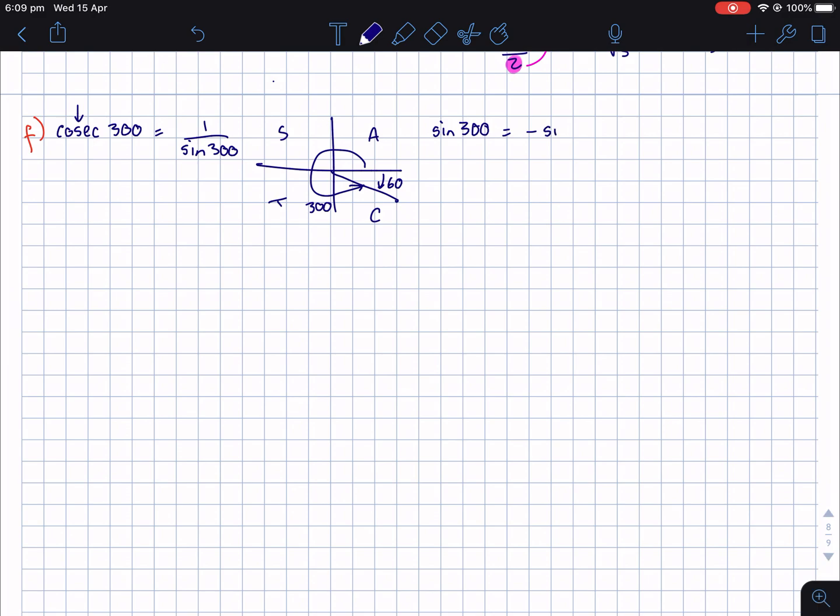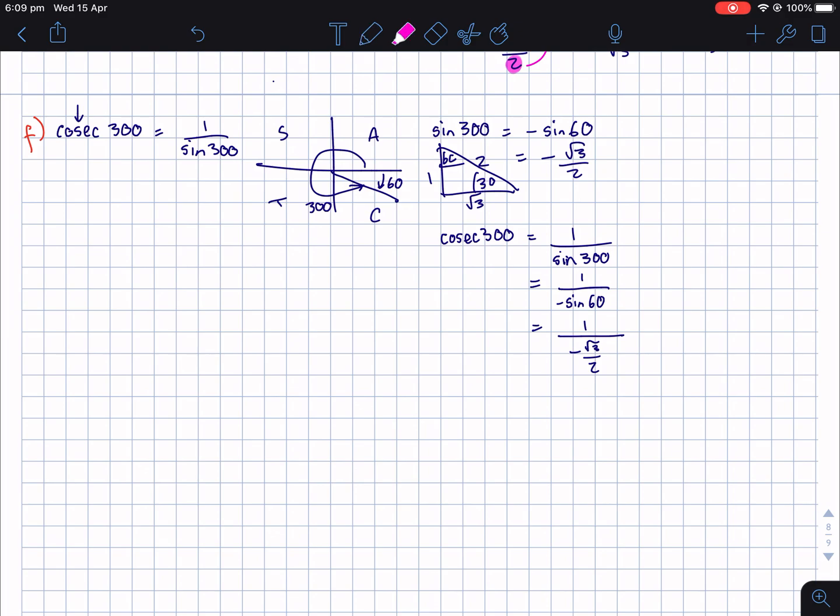negative sine 60. I actually know what that is, but let's figure it out from our 30 triangle, 30, 1, 2, root 3, 60 must be over here. So sine 60, opposite over hypotenuse, root 3 on 2, so we've got negative root 3 on 2, which means cosec 300 is 1 on sine 300, which means we've got 1 over negative root 3 on 2.